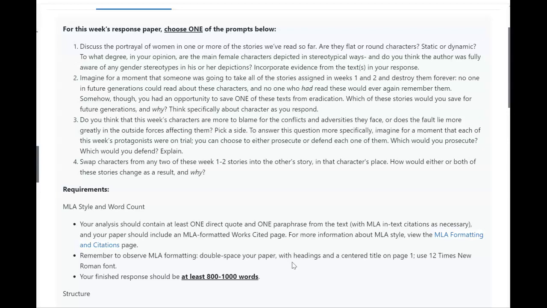If you look at the requirements, you're going to have at least one direct quote, which is taken word for word from the story itself, and then also one paraphrase. So you're going to have 2 pieces of text evidence from the story. And of course you're going to use MLA in-text citations to denote that this is the evidence that comes from the story.